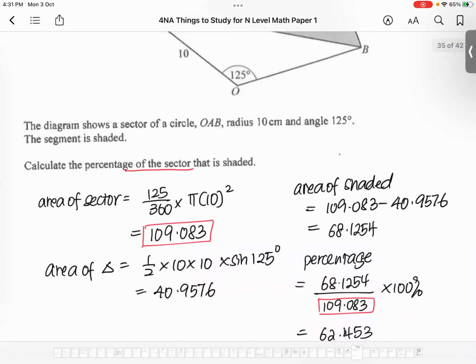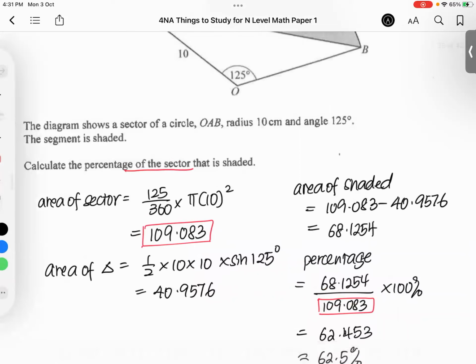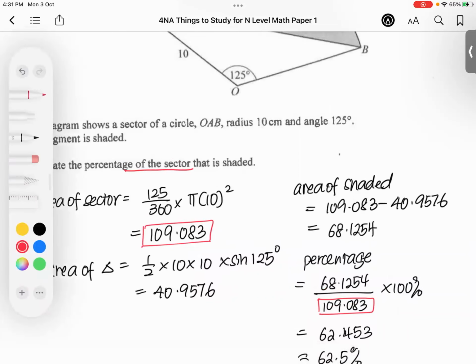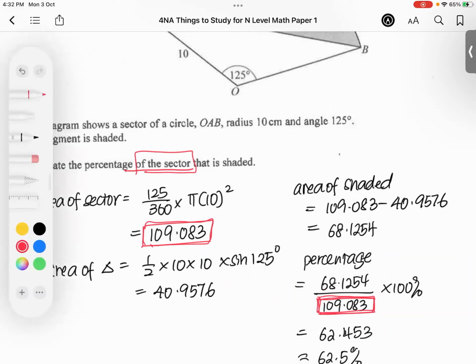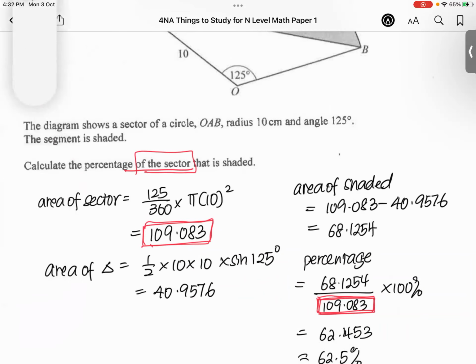But they want the percentage of the sector. When they want a percentage of the sector, the area of this sector here must be your denominator when you find the percentage. This one shouldn't be too difficult, just need to work out the answers.